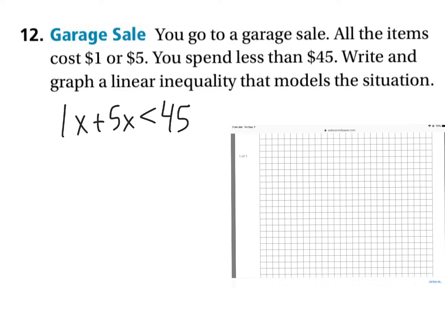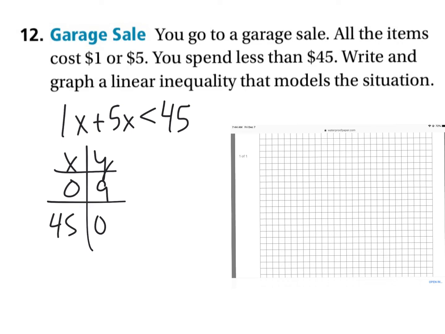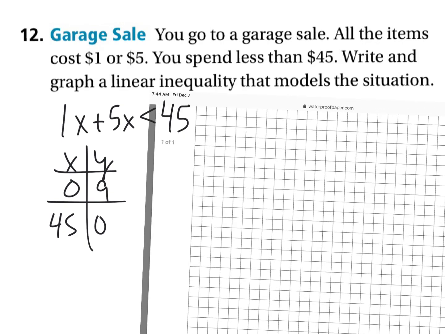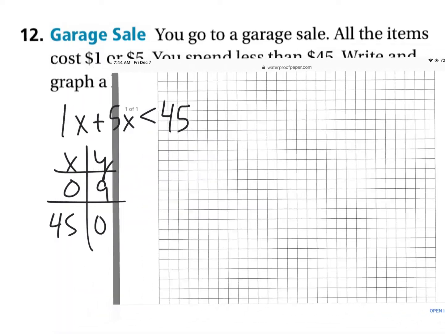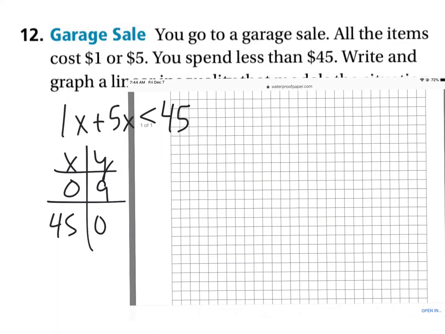That's our only inequality that we have, actually. If you did intercepts, this would be 0, 9, and 45, 0. And then you would just graph that.